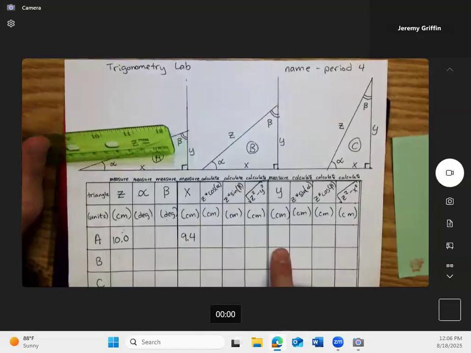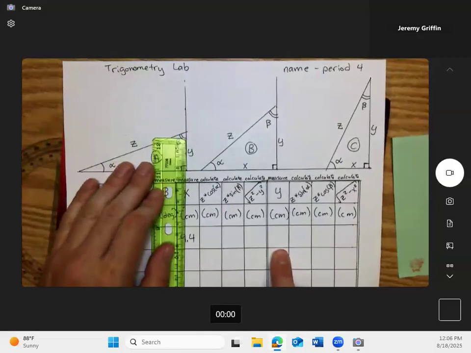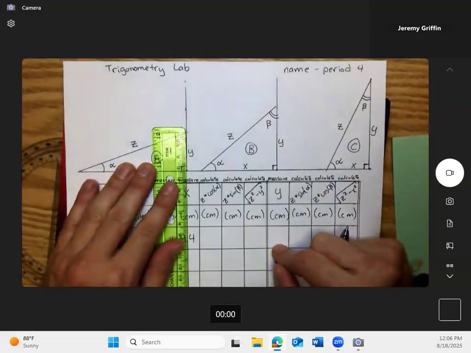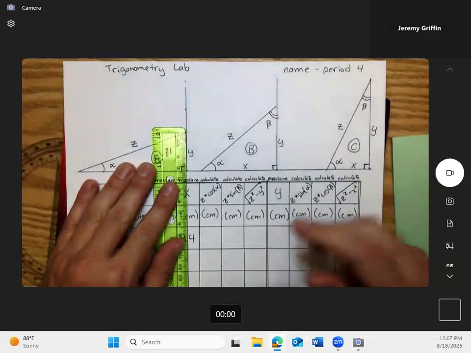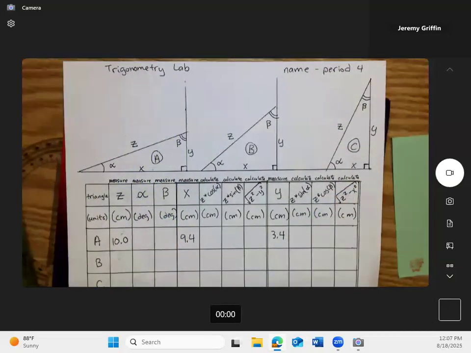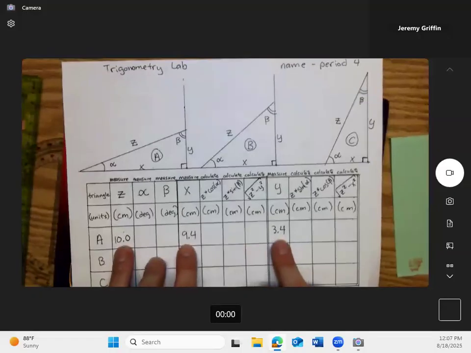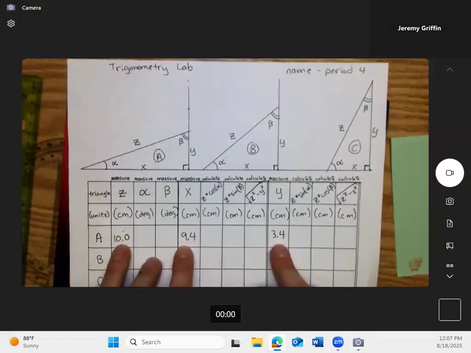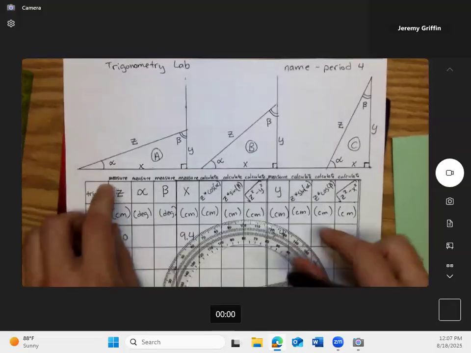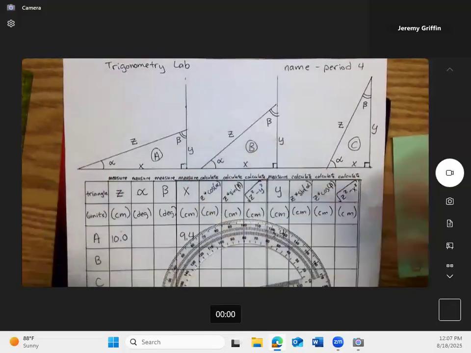Skip over a few more cells to side Y so I can get my direct measurement on side Y. It's like 3.4, I think. 3.4 centimeters. So that's my three sides directly measured. You guys ready for protractor? I've got to measure alpha and beta, like how large are those wedges.